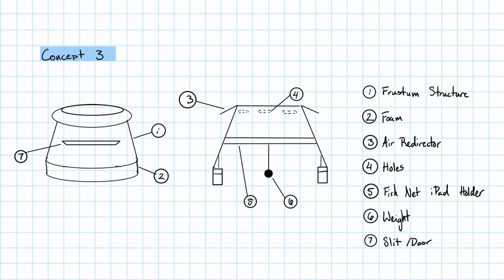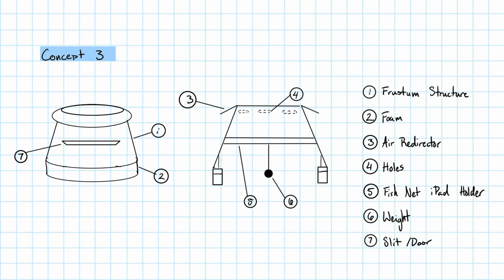The third concept, which was the one we ended up choosing, would have a frustum shape and rubber bands would go across the frustum. The sponge would be at the bottom but would not have springs, since after looking at the springs and sponges, the springs did not assist in slowing down the change in acceleration but actually worked the opposite and ended up making the change in acceleration greater.